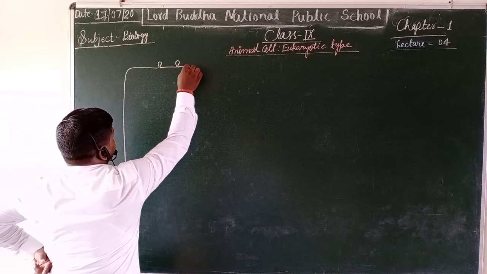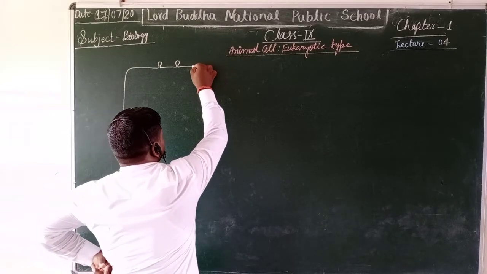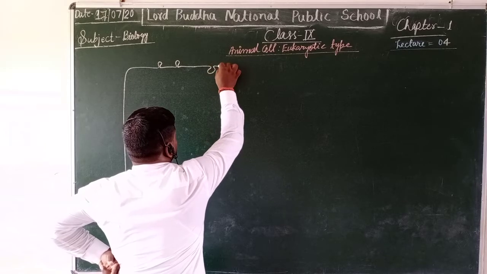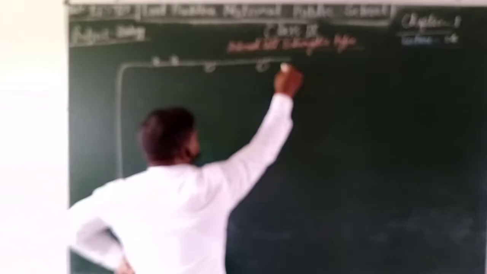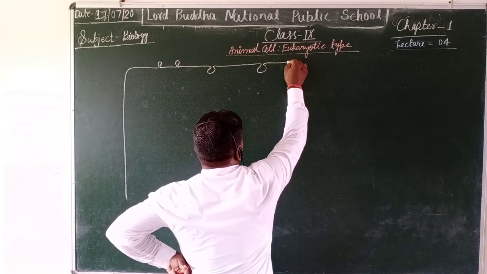Also called the cell membrane, unit membrane, plasma lemma, or cytoplasmic membrane.